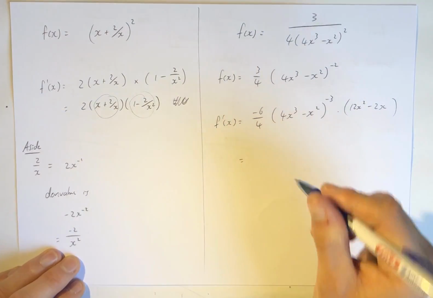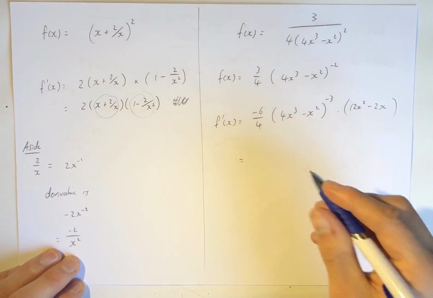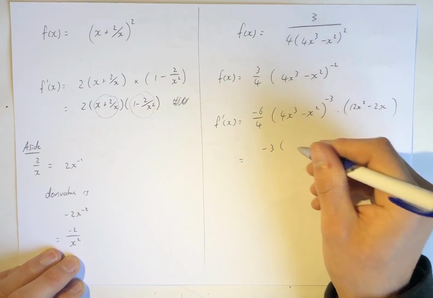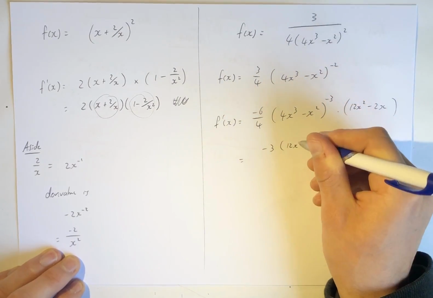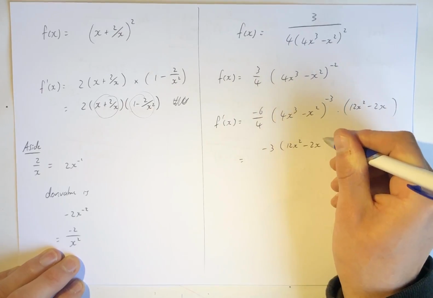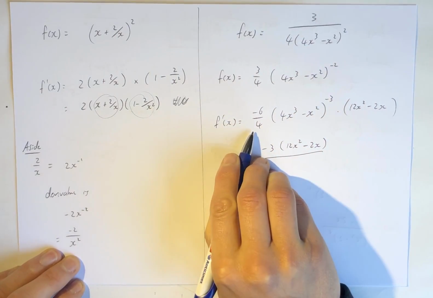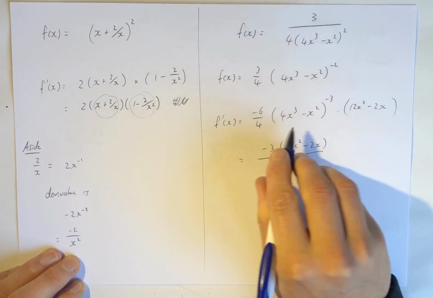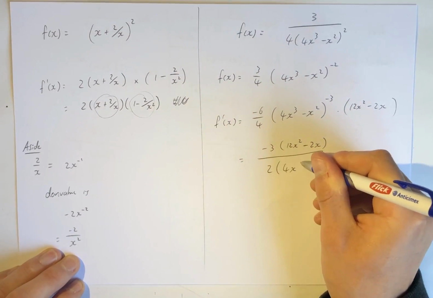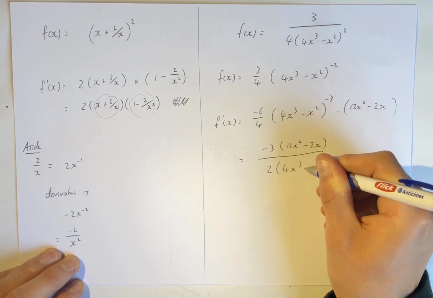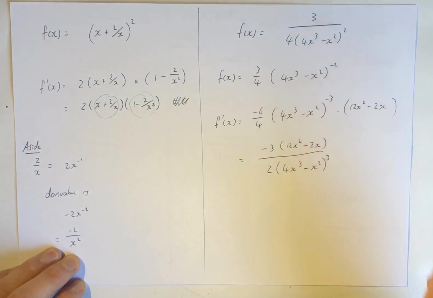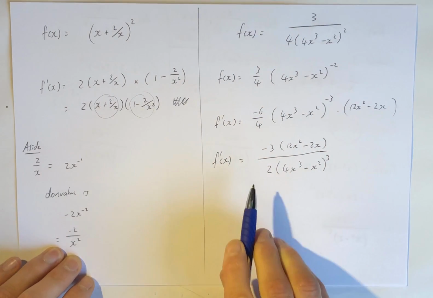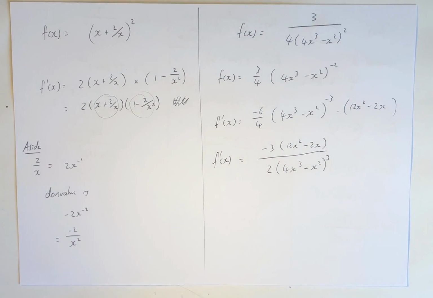What have we got now? We've got negative 3 times this thing, all over 2. So I'm going to have negative 3 over 2 times this thing to the positive 3, and that is our derivative.